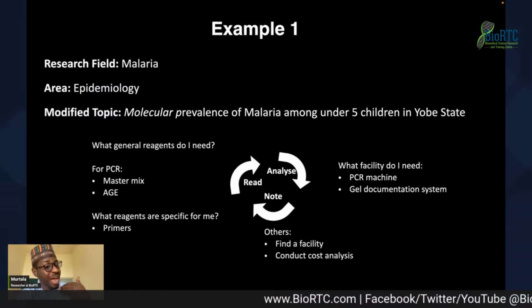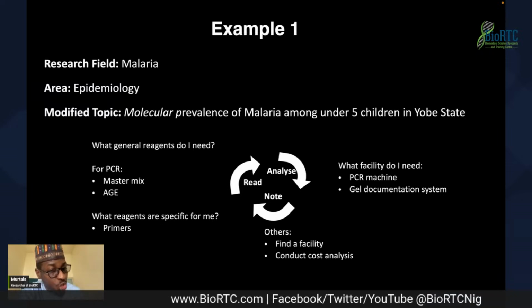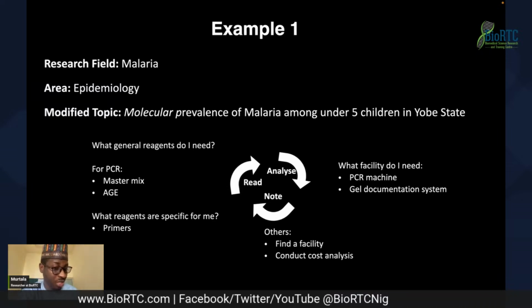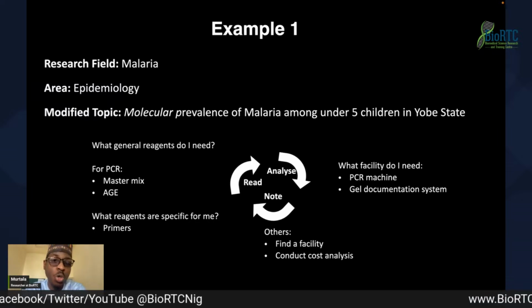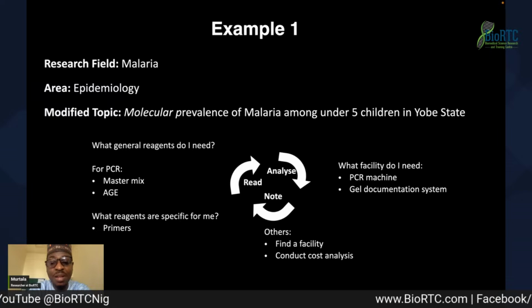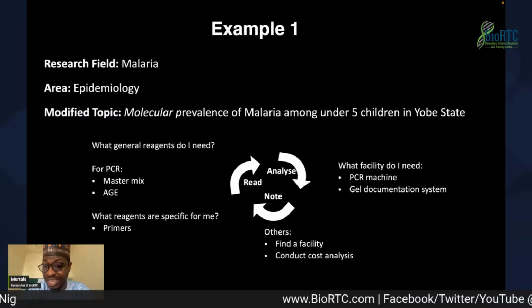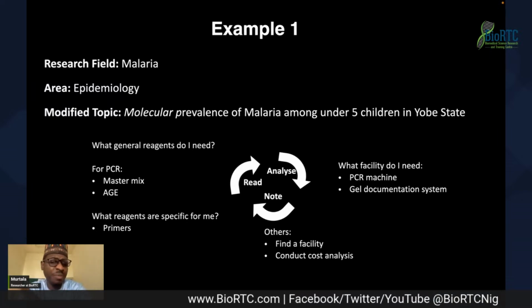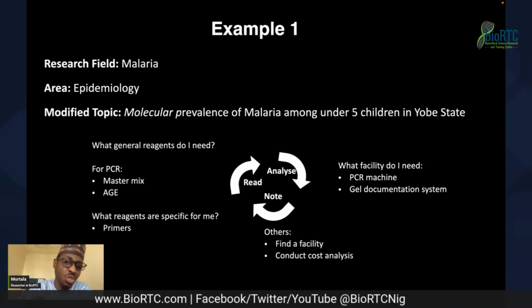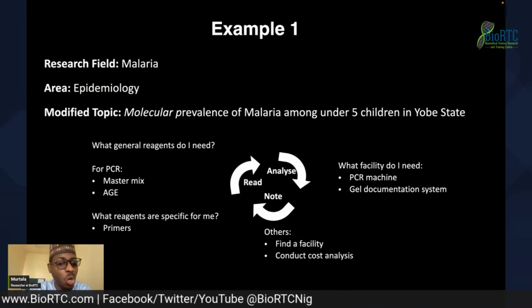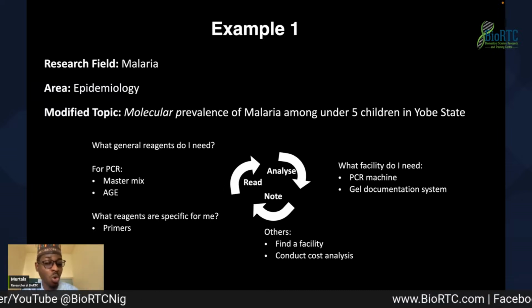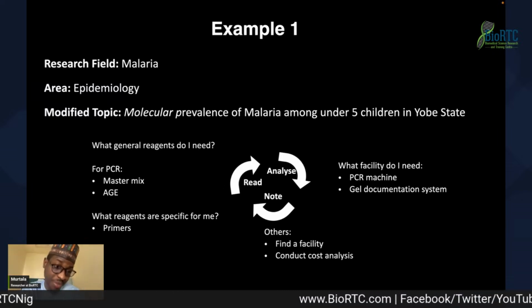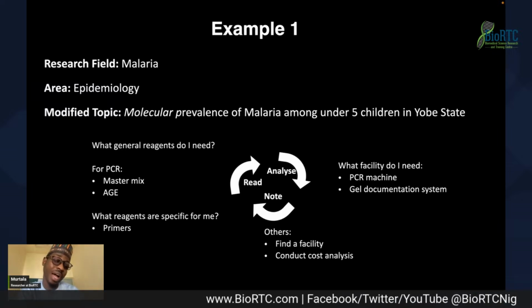But for reagents that are specific to you, like primers, for example, if you are doing PCR on anything, primers are specific to your own research. Sometimes, if the primers are common primers, somebody has used them in BioRTC and left them, or we already work in the area, or you are collaborating with Dr. Mahmoud or Raouf, who already have the primers, then you can use them.